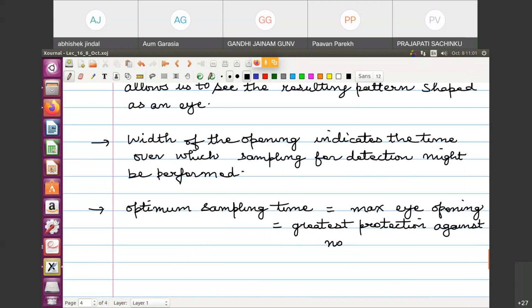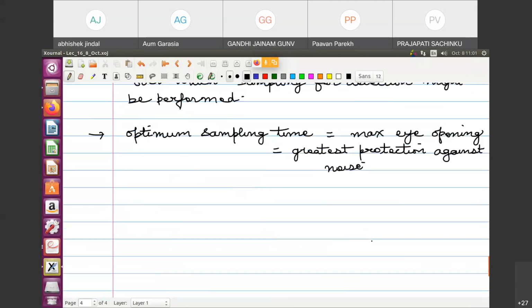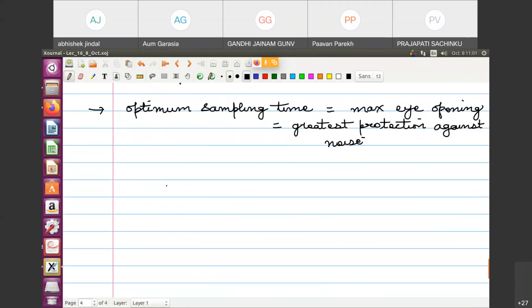Protection against noise. Okay. So what we are saying is that suppose this is what you are transmitting. Now if some noise adds to it, and you are using some sort of a bipolar or unipolar scheme, or you can say that you have two levels, and another level is this.